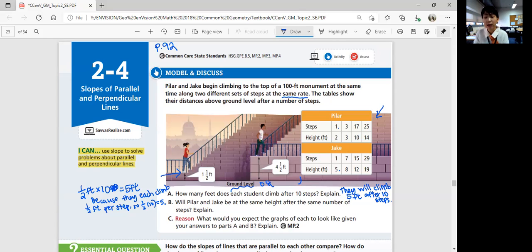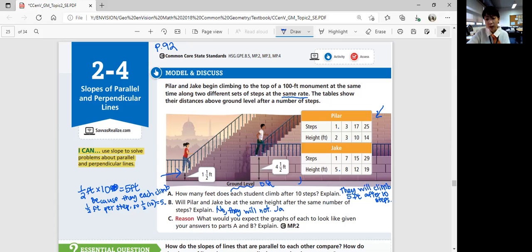Pillar started at 1.5 feet and Jake started at 4.5 feet. So each step they take is going to be the same because all the stairs have the same height, but that means they're not going to be at the same height after the same number of steps because in the beginning, they weren't starting at the same level, right? So the answer is no, they will not.